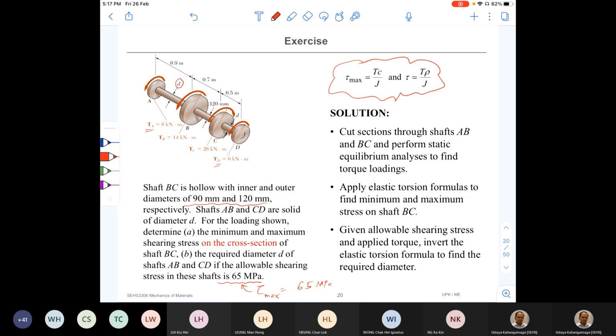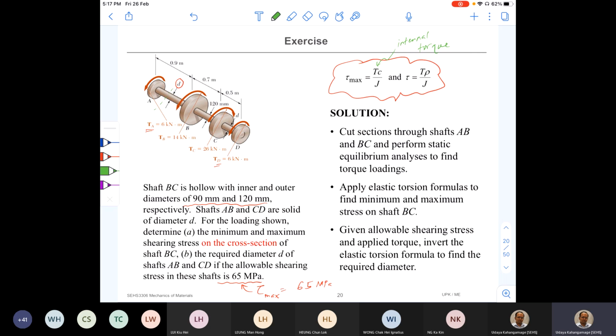Okay, right. So let's try to find out the internal torque first, because we know that this T here is the internal torque. For that, we have to first cut the member between A and B, any point.